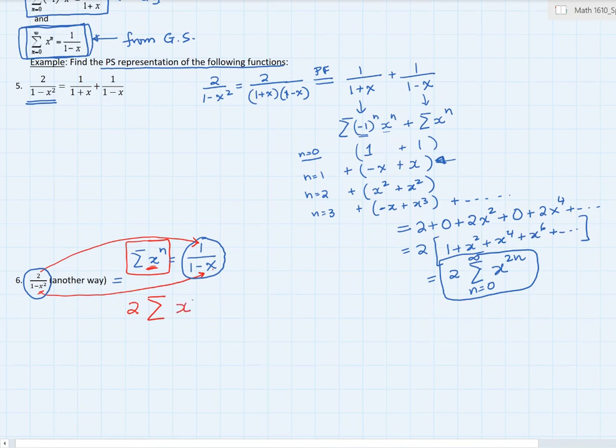So I'll write x squared and then obviously raised to the power n. And that is 2 times the summation of x to the power 2n. So that is the answer. This is obviously exactly the same as the previous way but much faster.